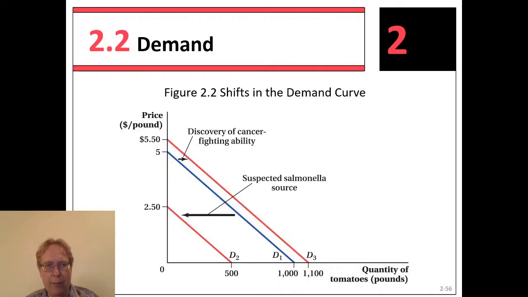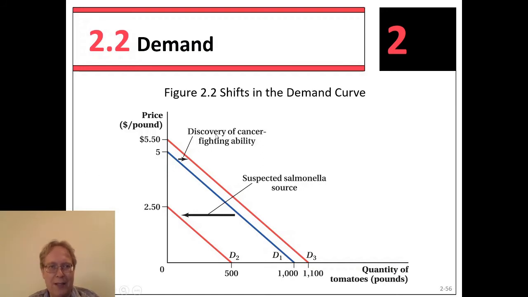So here's an example. Suppose that, here are my tomatoes again. Suppose that the blue line, D1, is the original demand function for tomatoes. Now suppose that tomatoes help cure cancer, is found in a study. Then what's going to happen is that the entire demand function is going to shift, and in this case it makes sense that it shifts outwards, right?